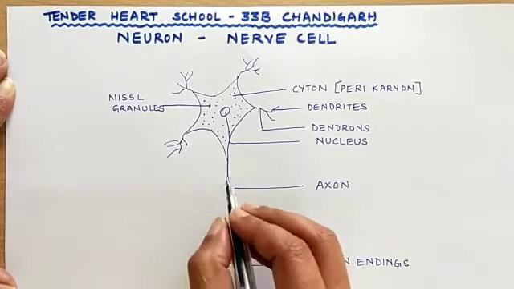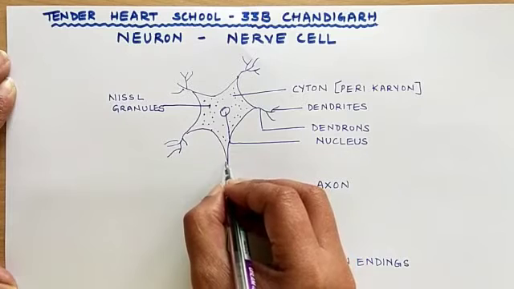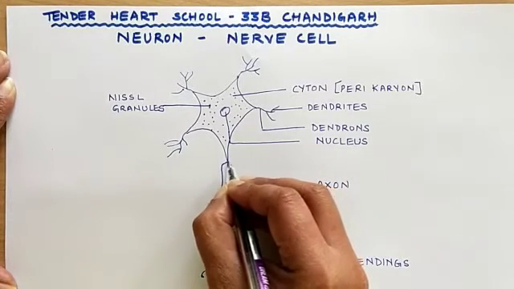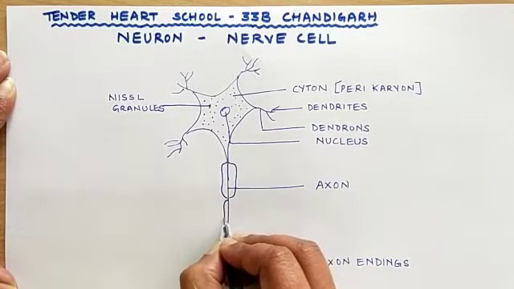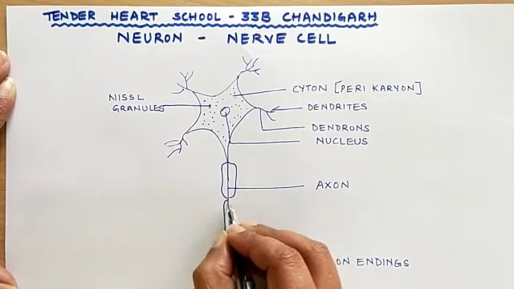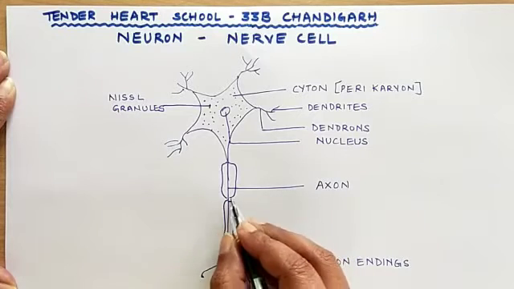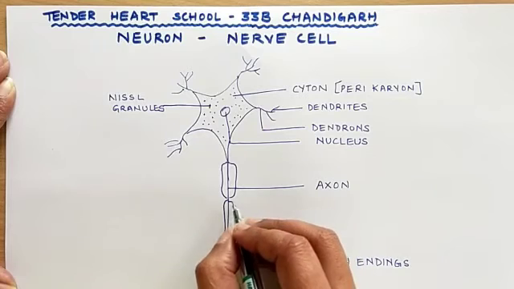Now the axon is covered with a layer called neurolemma. So neurolemma is present, which is covering the axon, and there are certain periodic gaps between this sheath.